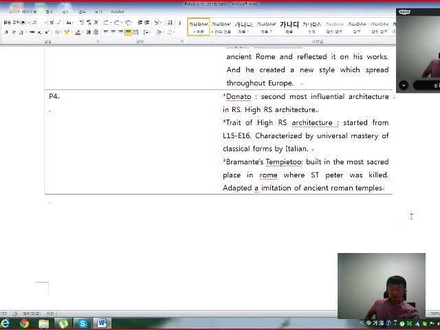It is a round structure encircled on the outside by slender Doric columns and topped with a perfectly proportioned dome. Bramante later participated in the design and construction of the giant dome atop St. Peter's Basilica at the Vatican, a monumental achievement in Renaissance design for which he is best known today.